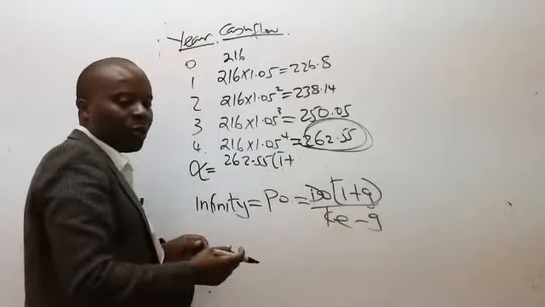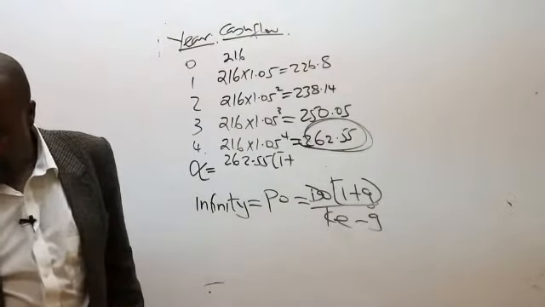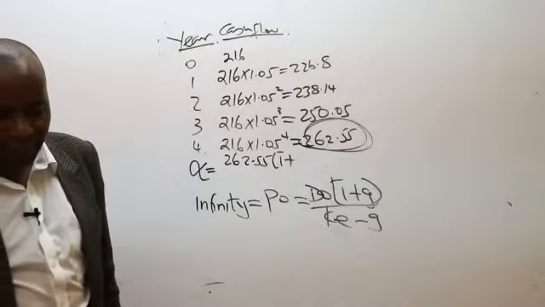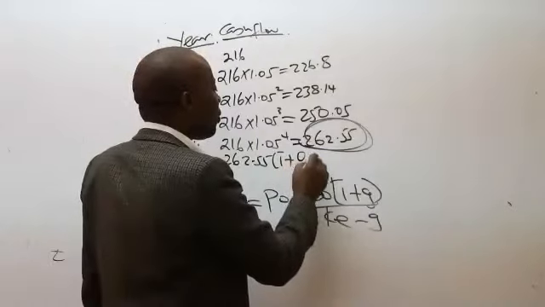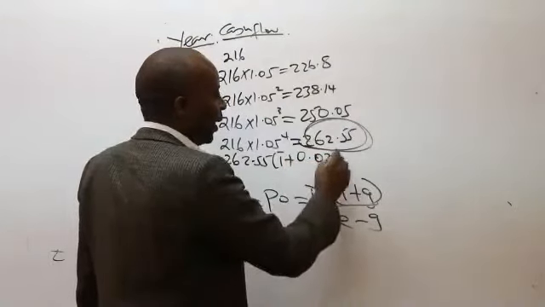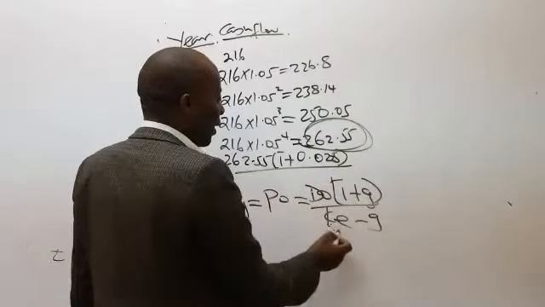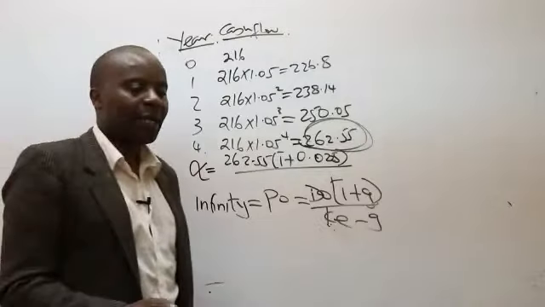The perpetual growth rate, what did you say it is? They're not even giving me answers. The perpetual growth rate, it is 2.25, isn't it? So I say 0.0225. Right? All over Ke minus g.